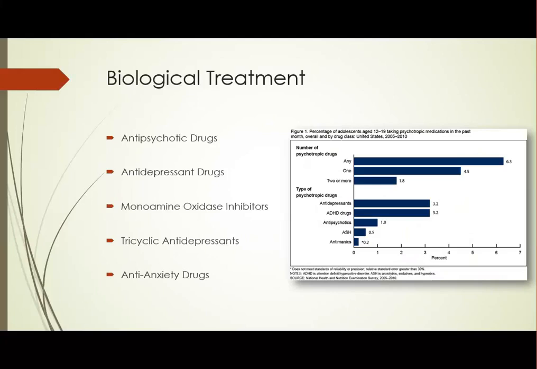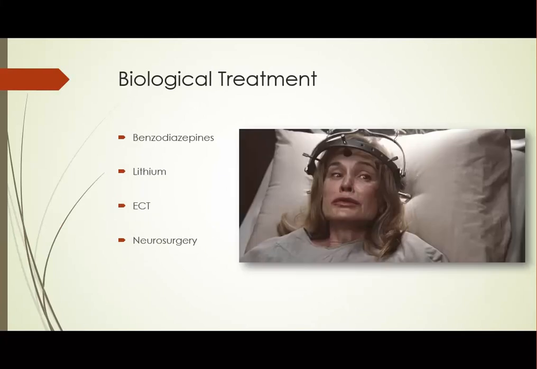Of course, we also have anti-anxiety drugs. You may have heard of benzos or benzodiazepines, is the full name. Most important and widely used of anti-anxiety drugs, of course, there are different types. There's the risk of psychological and physiological dependence. If a person has withdrawal, there's a risk of seizure.